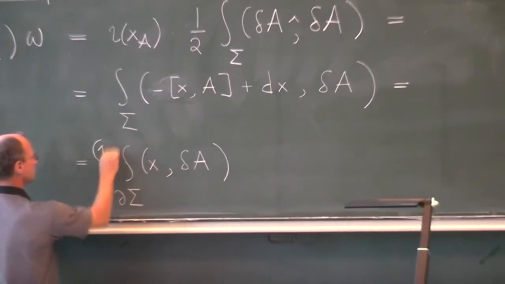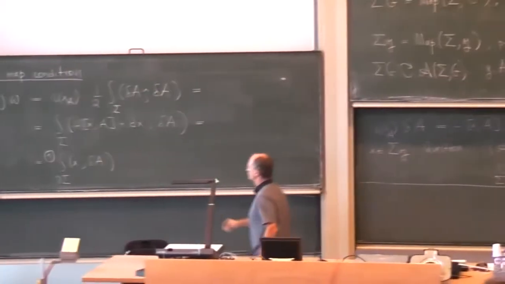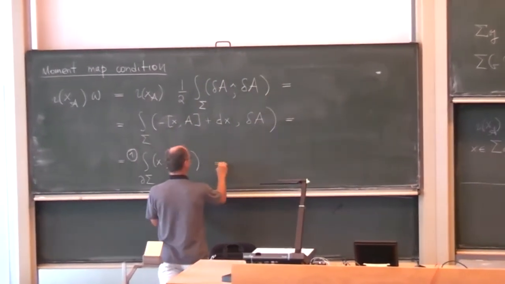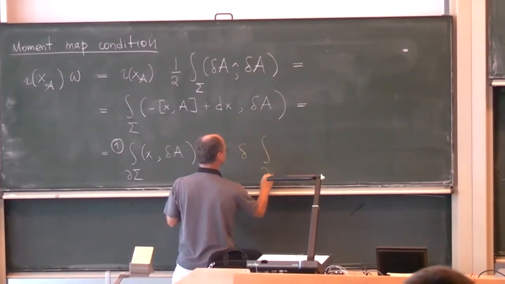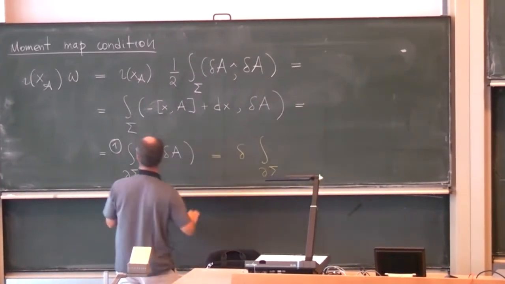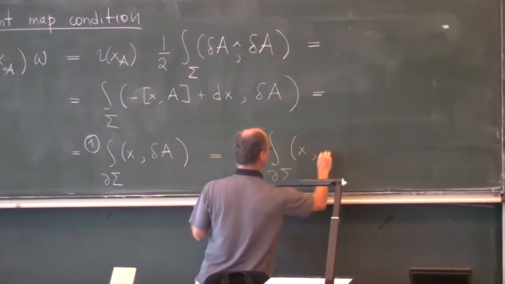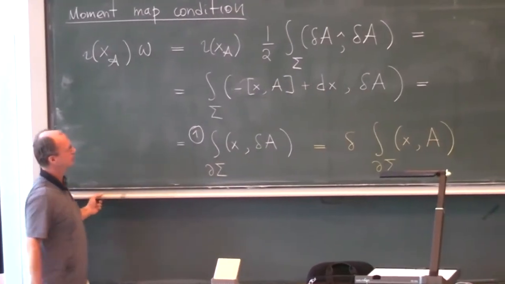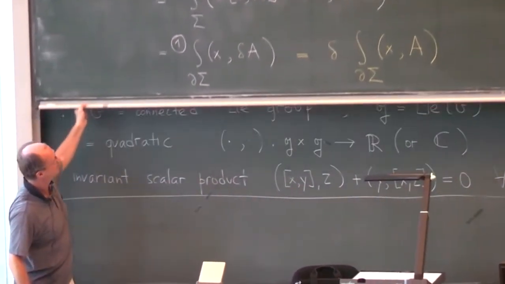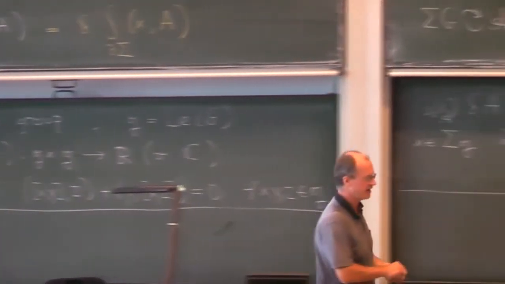So this is the first element in my answer. It will be convenient to write it down in the following way. This is actually equal to delta of the integral over the boundary of sigma, the product of X and A.